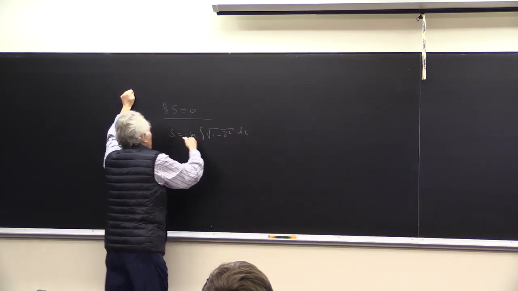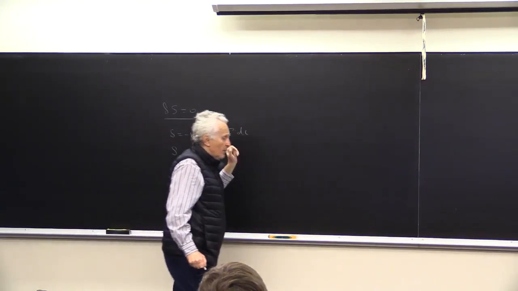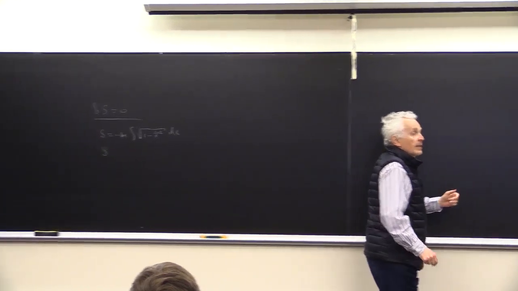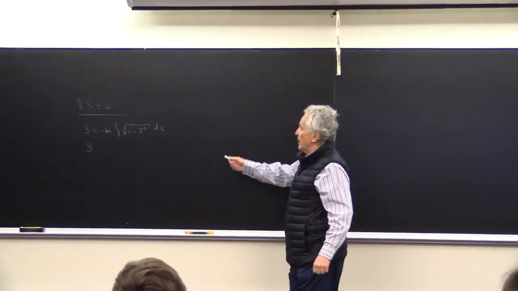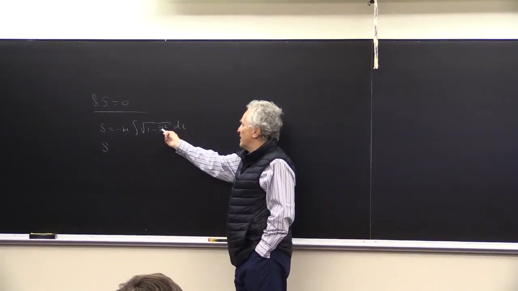We also wrote it down, we derived it from writing it down in this form. It's far from obvious that it is Lorentz invariant, because Lorentz symmetry mixes x and t.